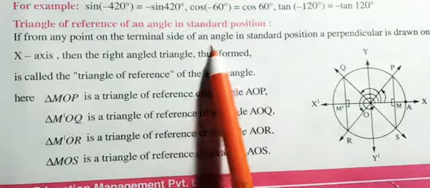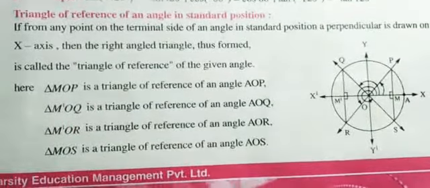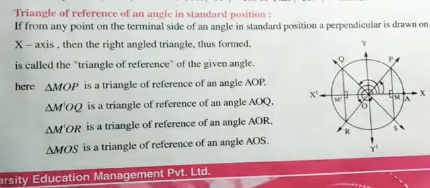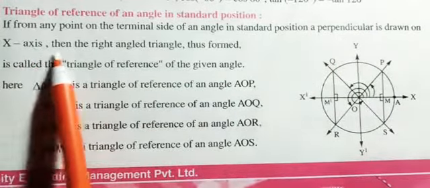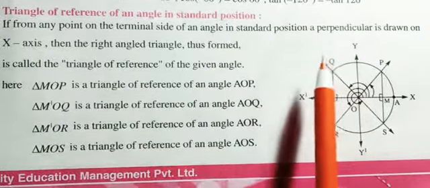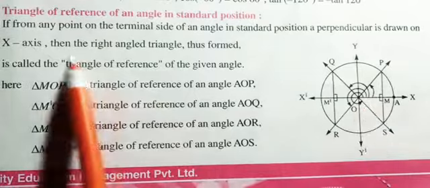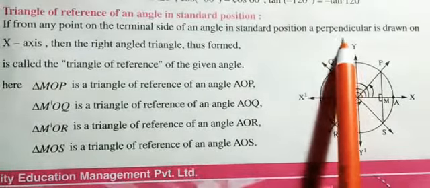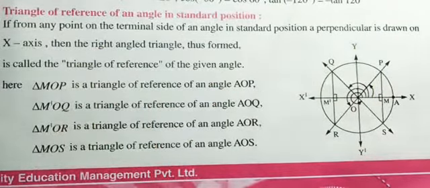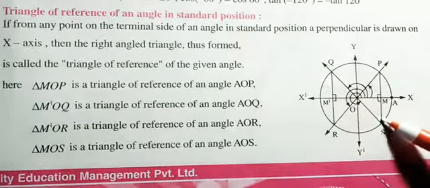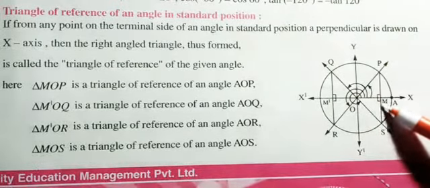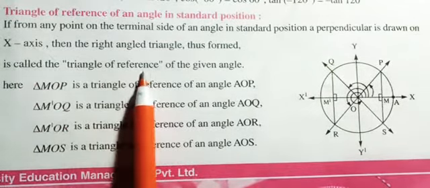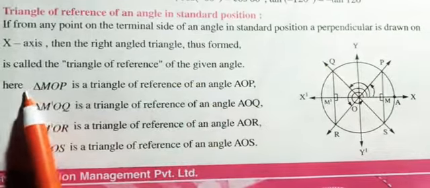If from any point on the terminal side of an angle in standard position a perpendicular is drawn on the x axis, this is the perpendicular from the terminal side OP we are drawing, then the right angle triangle thus formed is called the triangle of reference, and it is given the angle, that is here MOP.